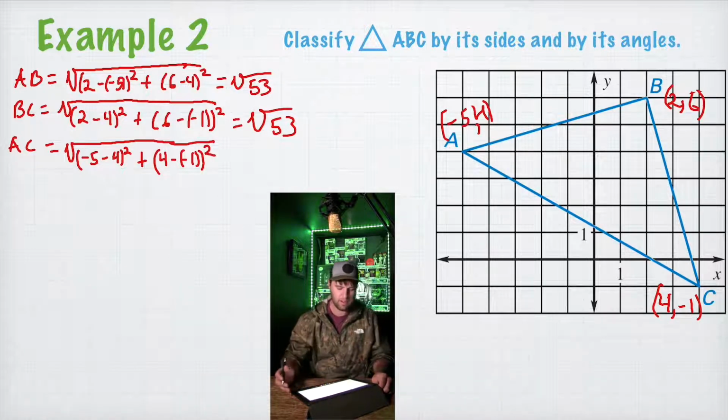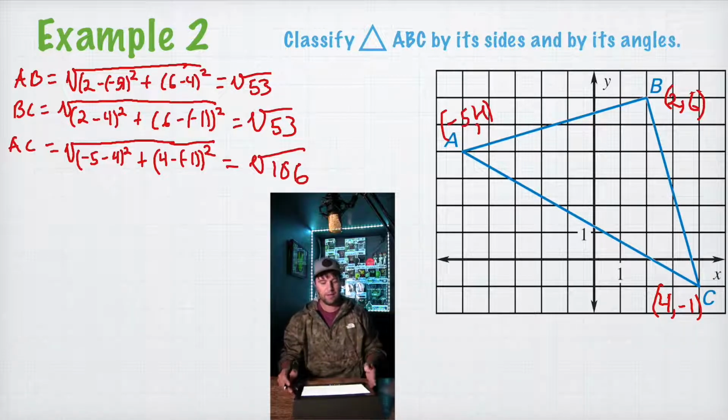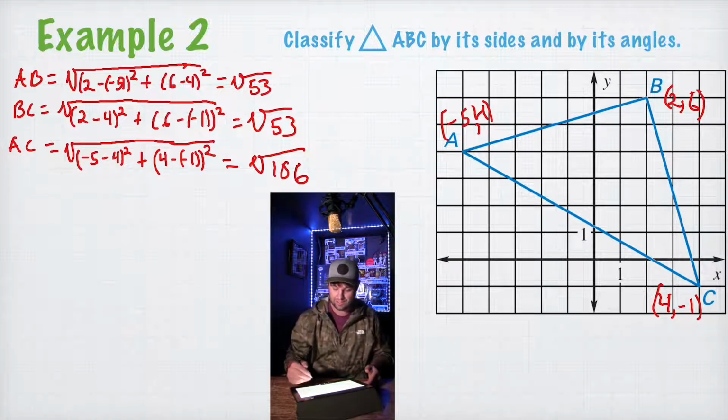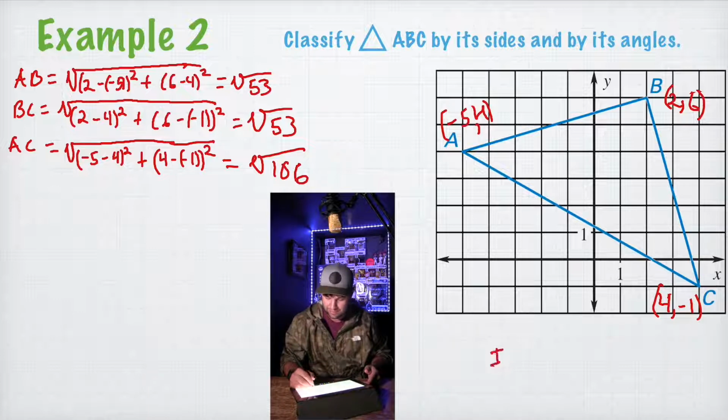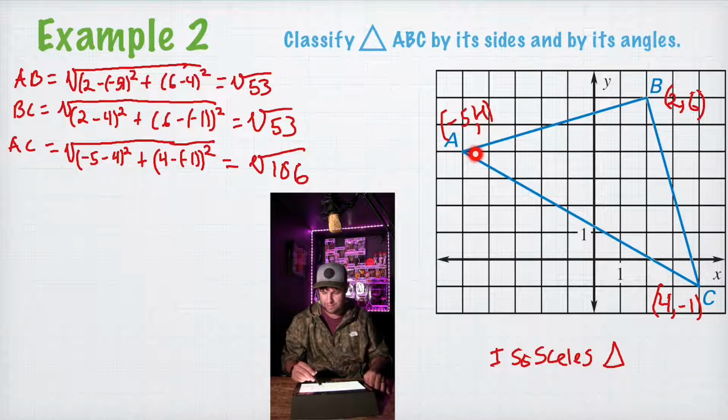Okay? And that's going to actually equal the square root of 106. So we know that this is at least an isosceles triangle. I'm going to go ahead and write that down here. Isosceles triangle. Okay? Now we need to classify it by its angles.